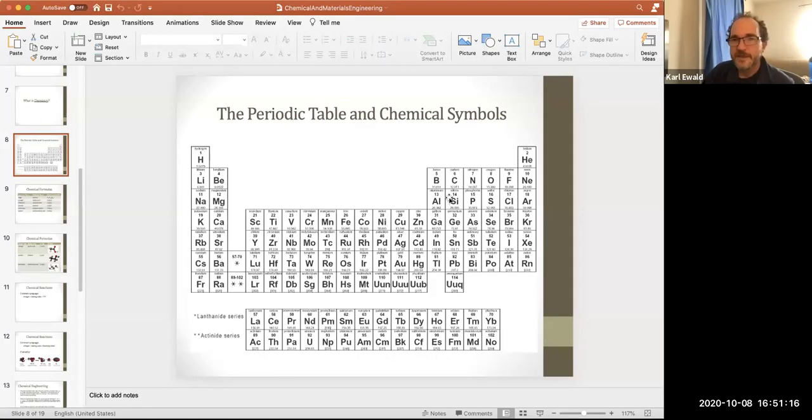But if you go back and pull up a periodic table, which I will do right now, hold on, let me share this. You see carbon right up here, it's number 6. And so that means it has 6 protons, but it can have a couple of different numbers of neutrons and still behave like carbon.